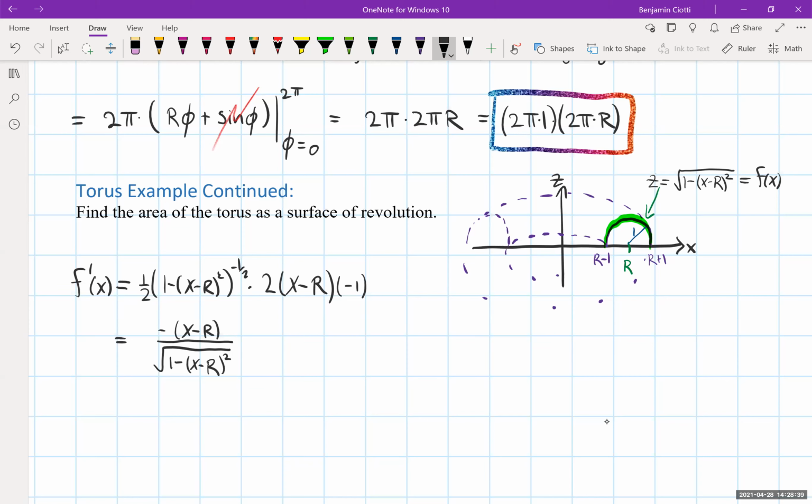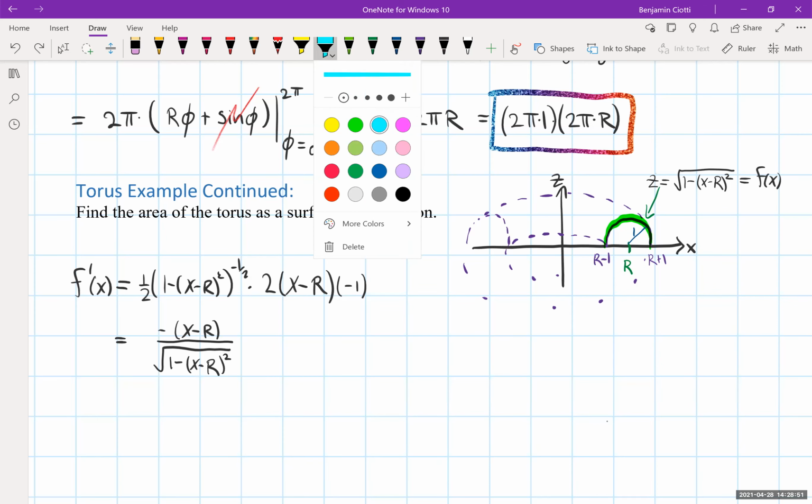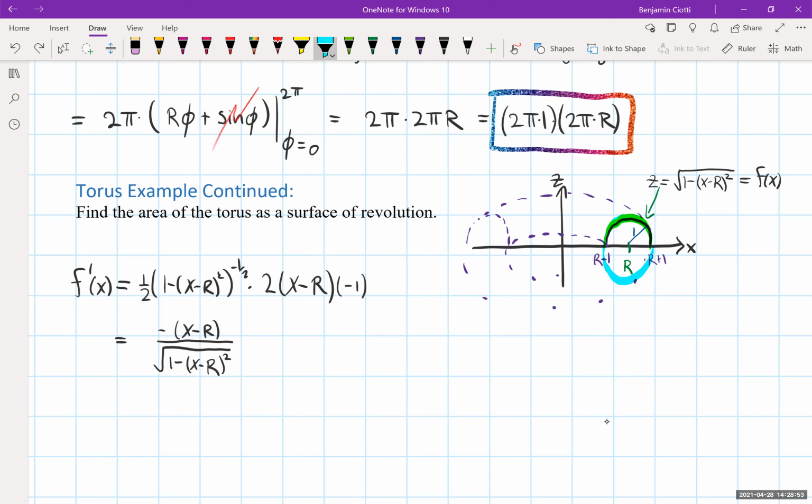Oh, someone was asking how I found f. I found f because this was a circle. Here, let me draw it in another color. How about in blue? This is a circle centered at, imagine that we're in the xz plane.